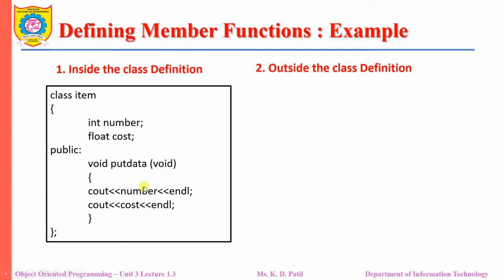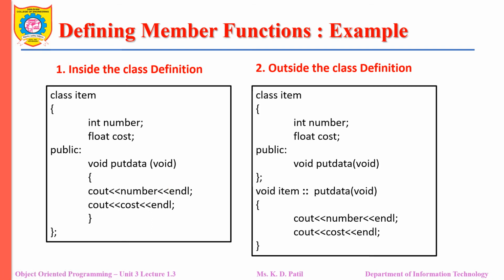If you observe here, we have not used the scope resolution operator, we have not used the membership label. We have directly declared that function, and in the declaration itself we have defined the function, we have written the body. Okay, now let us see how to define a function outside the class definition.